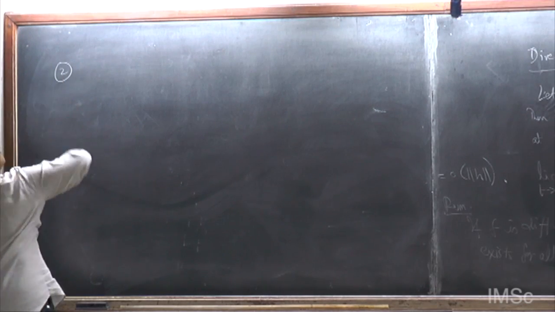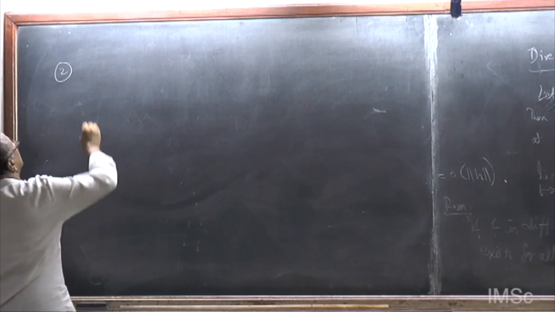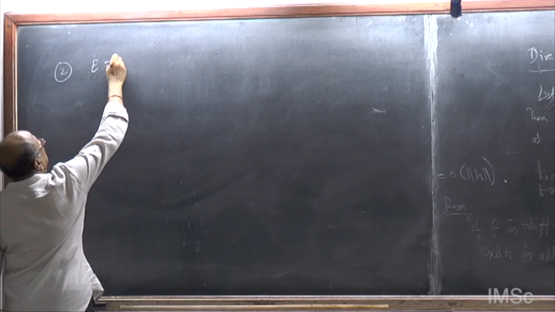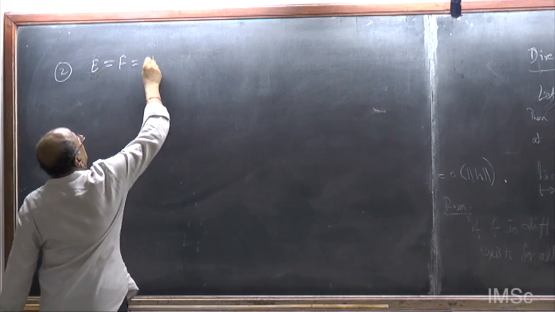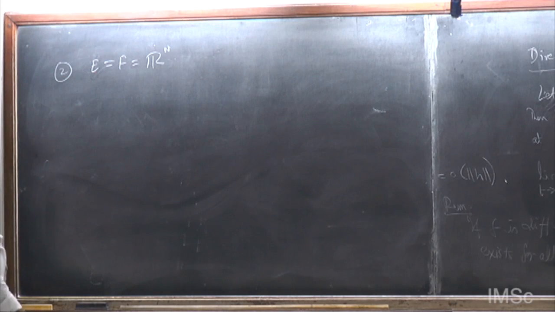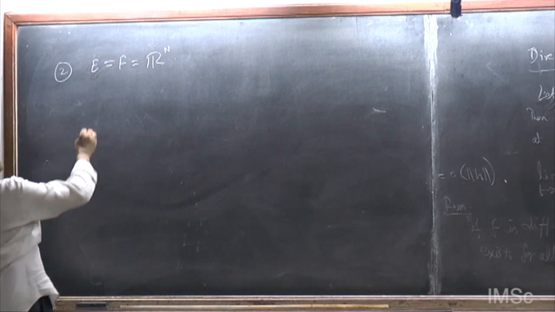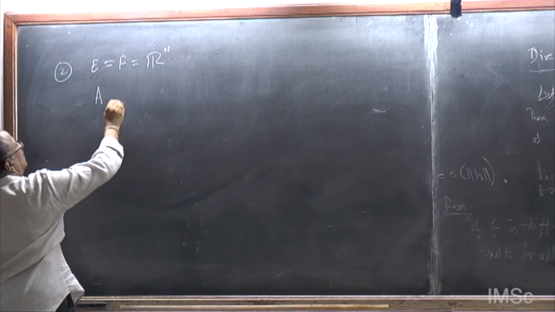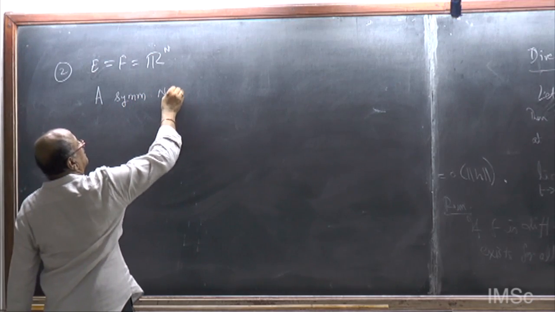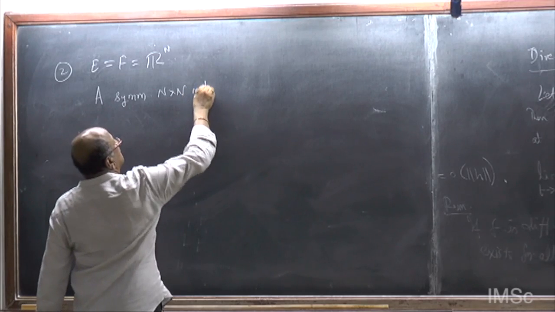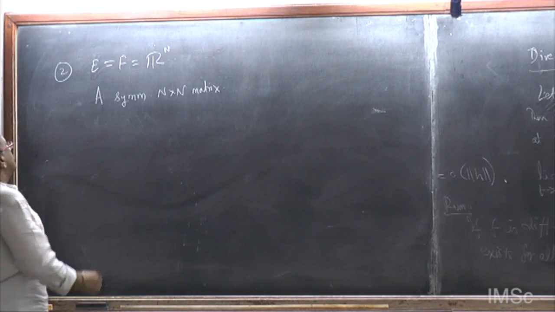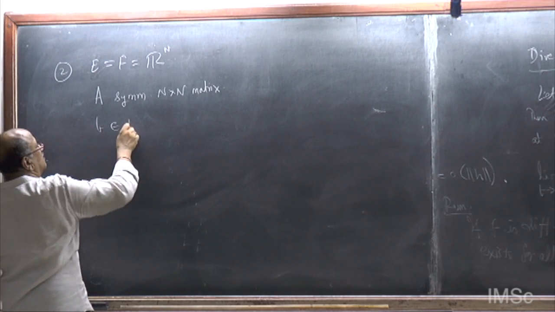Let us do one more example. Let us take E equals F equals say R^n. And let me take A be a symmetric n by n matrix. And b is also in R^n.